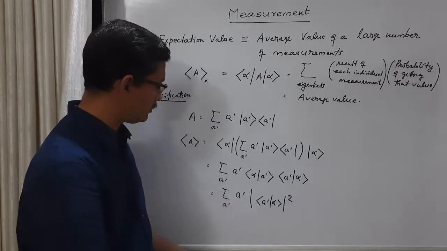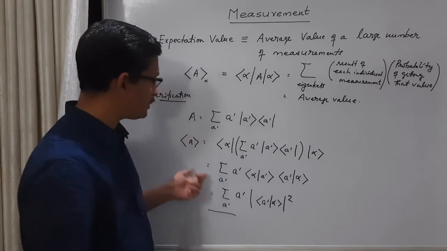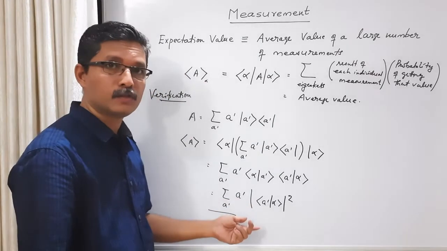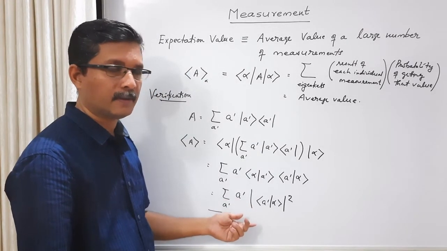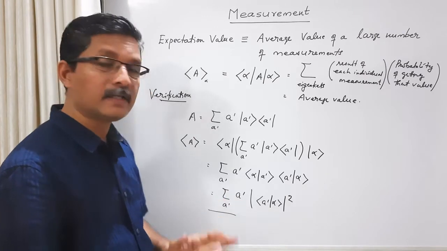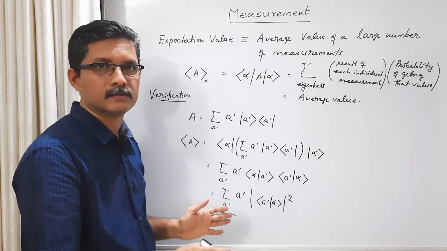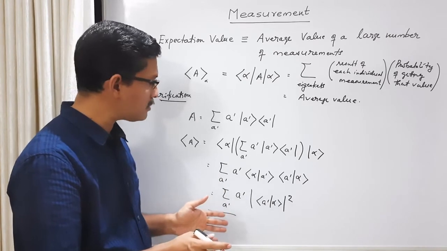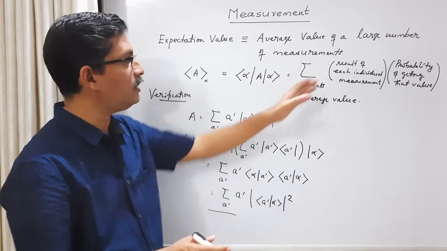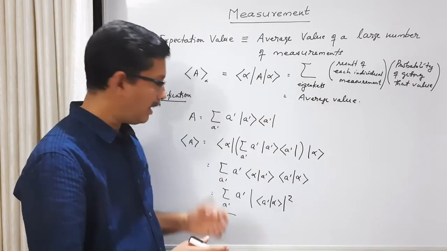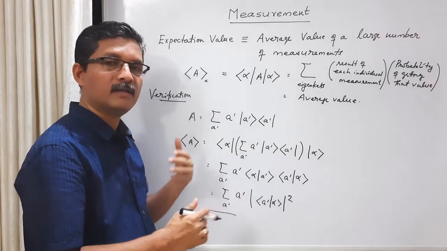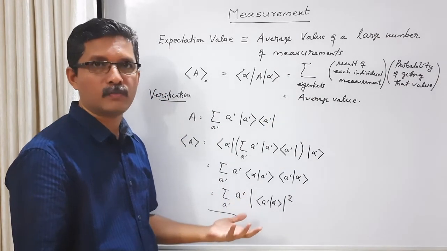So this result shows that expectation value is nothing but the weighted average of eigenvalues. Okay. So it should be very clear that eigenvalue and expectation value are two different things. Eigenvalue is the result of each individual measurement. Expectation value is the weighted average of a large number of measurements.